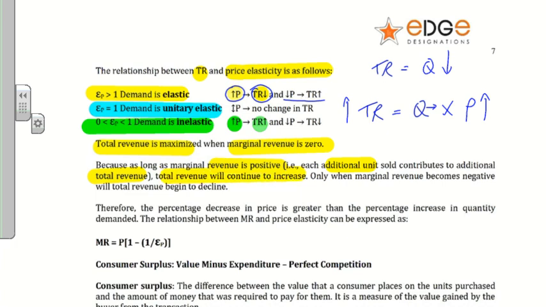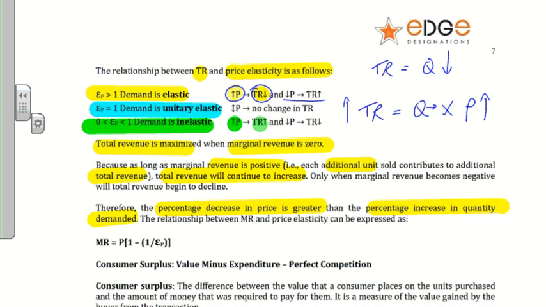But as soon as marginal revenue is negative, in other words, every time I sell an additional unit, prices are going to go down, obviously that will have a negative impact on total revenue. Therefore, the percentage decrease in price will be greater than the percentage increase in quantity demanded.